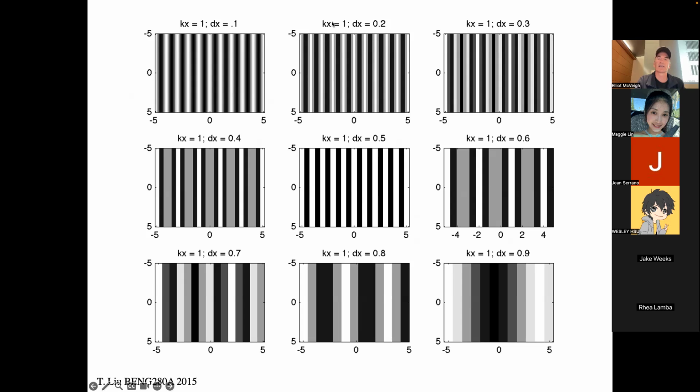Of the frequency kx1. If I go to 0.3, I still have a relatively periodic high frequency signal here. It's starting to look a little messy, but there are other periods that are occurring, like here, right? But still the main frequency is there. If I go to 0.4, I get something that looks like this.